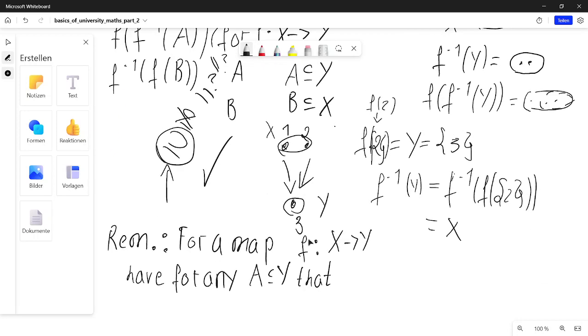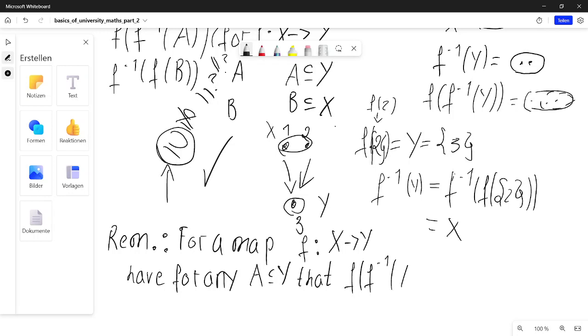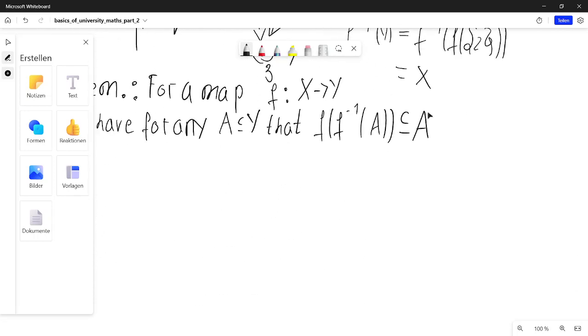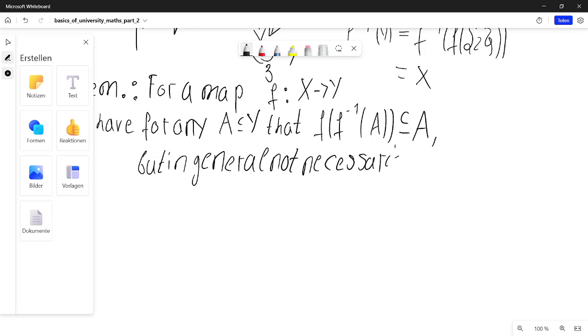So that is true. But in general, not necessarily the other direction.